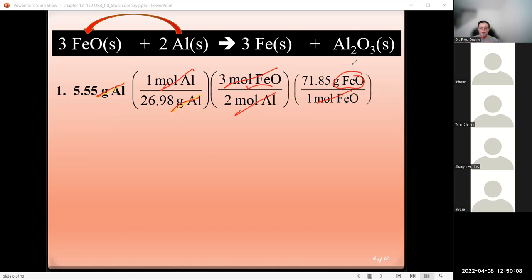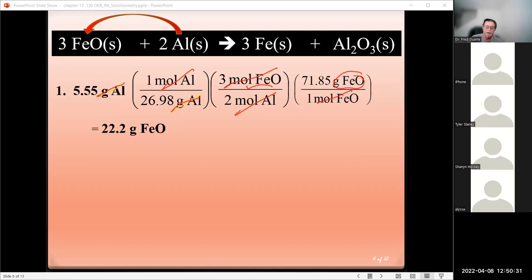So now I know by checking my units that I got it set up properly. Okay. And now it's just a matter of plugging that number into your calculator, and you should end up with 22.2 grams of iron(II) oxide.